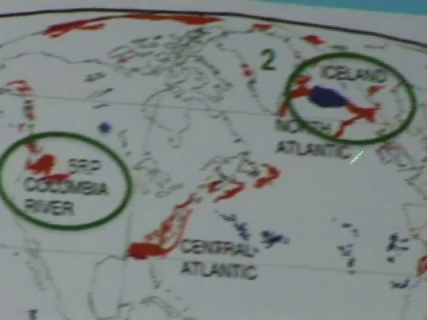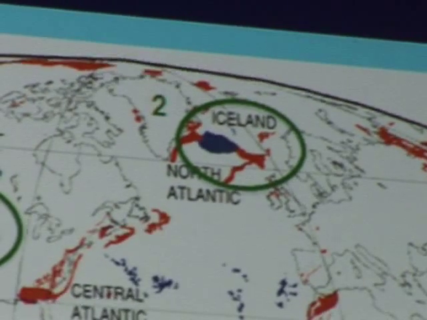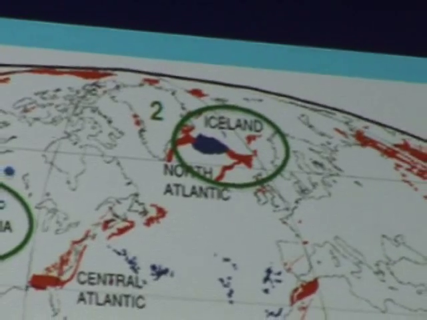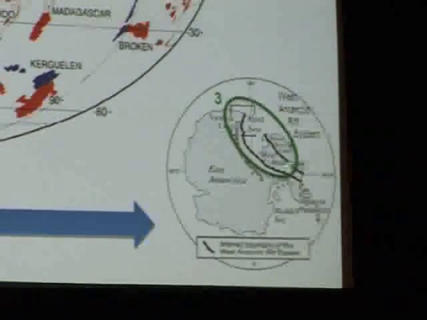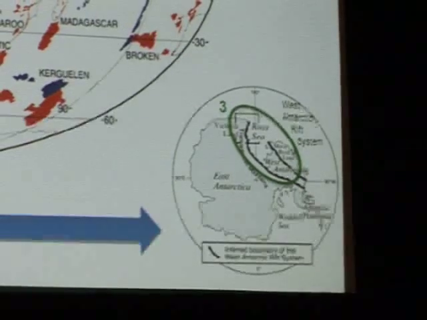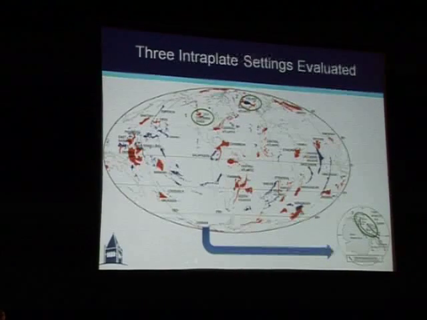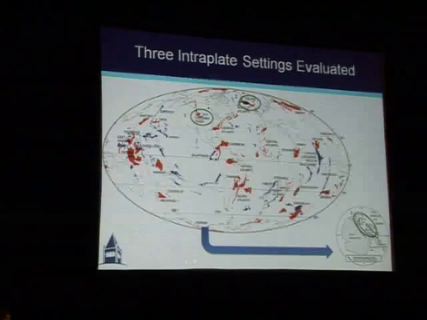And then I'll very quickly go to Iceland and look at some picritic rocks from that island, and finish off by going to this locality, which is the West Antarctic rift system, or WARS. So these are intraplate magmatic provinces, this one close to a continental margin, this one situated on a mid-ocean ridge, and this one in a rifted margin, which is in the area of the Paleo-Pacific margin of Gondwana.